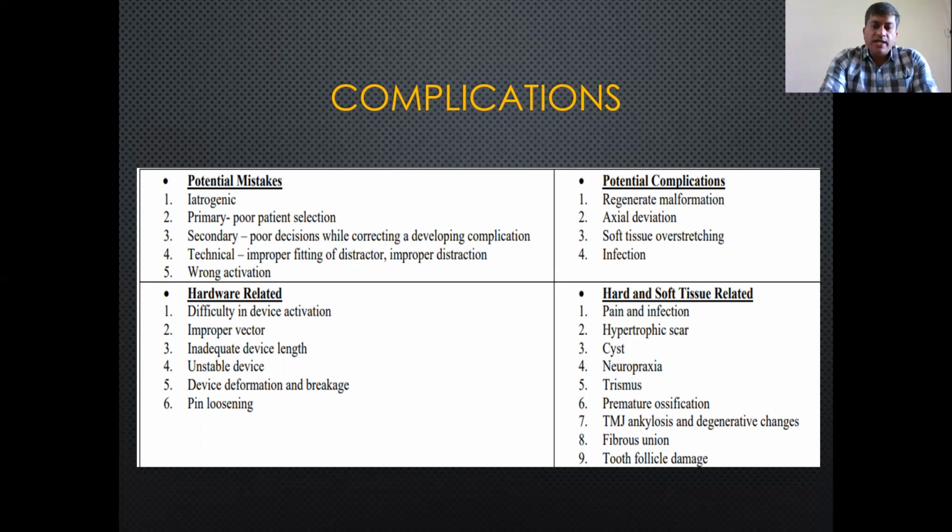Hard and soft tissue related complications can be pain and development of infection, hypertrophic scar formation at the site of incision, inclusion cyst formations, neuropraxia due to injury to the inferior alveolar nerve, development of trismus, premature ossification occurring along the distraction segment, temporomandibular joint ankylosis or degenerative TMJ diseases, fibrous union, which is typically seen in cases of transport distraction, and damage to the dental follicle. So these are some of the complications that occur with the use of distraction osteogenesis.